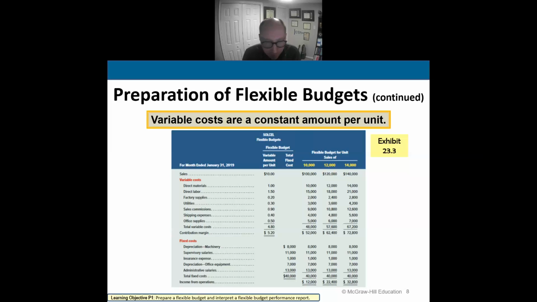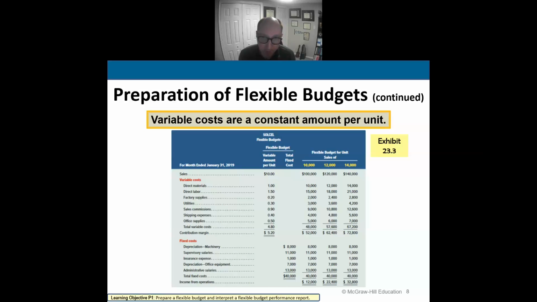We have the variable cost per unit times the number of units I expect to sell, so I can estimate all my variable costs based on each level of activity.